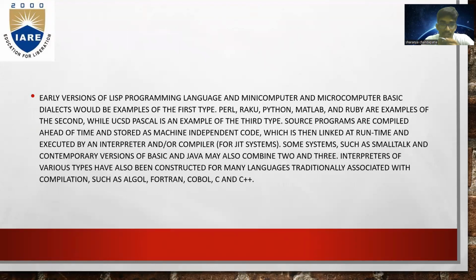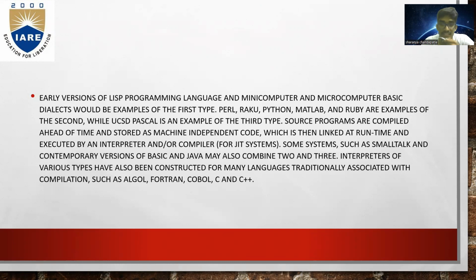Early versions of the Lisp programming language and minicomputer and microcomputer based dialects would be examples of the first type. Perl, Raku, Python, MATLAB, and Ruby are examples of the second, while UCSD Pascal is an example of the third type. Source programs are compiled ahead of time and stored as machine-independent code, which is then linked at runtime and executed by an interpreter or compiler.